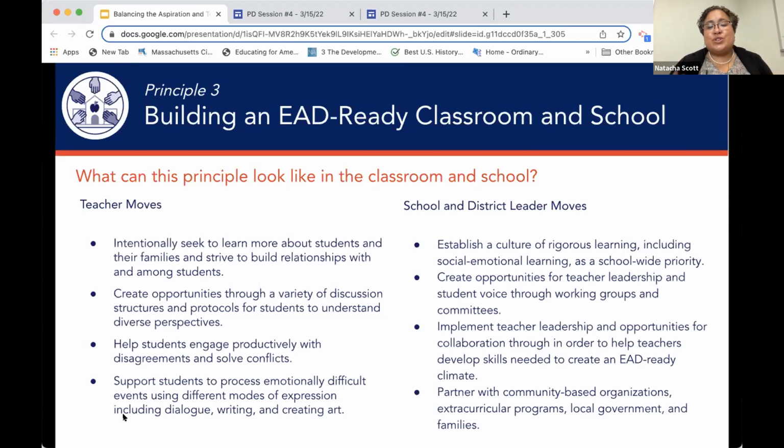And in order to do so, you want to make sure that you're establishing the learning environment in order to get there. That way your classroom environment is really a place where students can have those productive dialogues, have those productive conversations, and where you can then dive into some primary source documents and look at evidence and analyze. But in order to do so, you've got to set that foundation first.